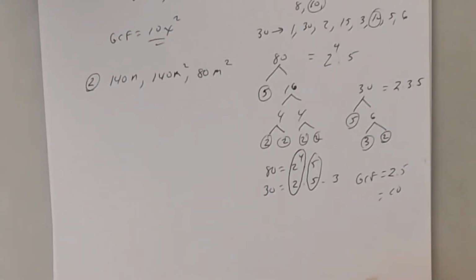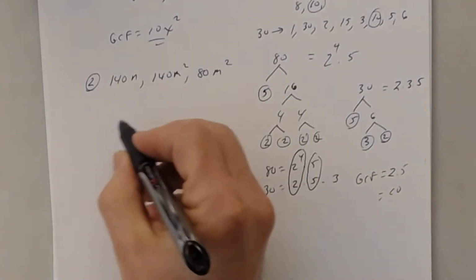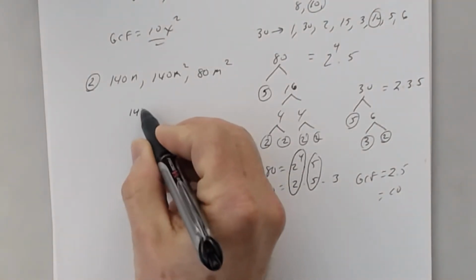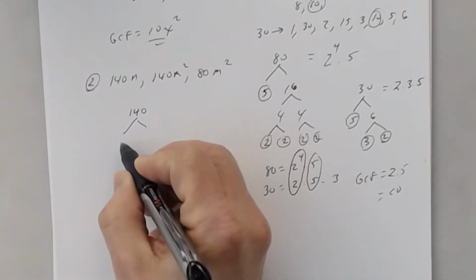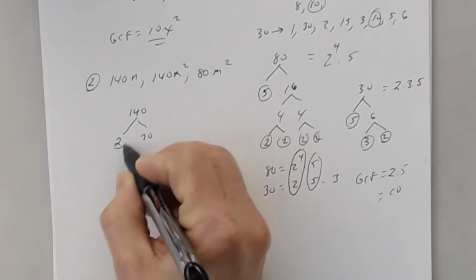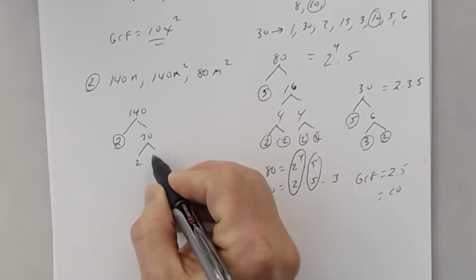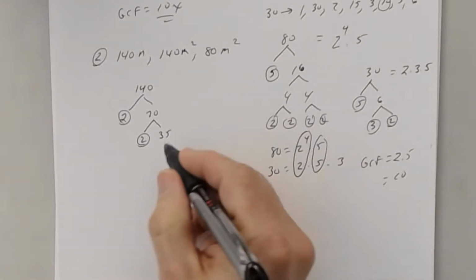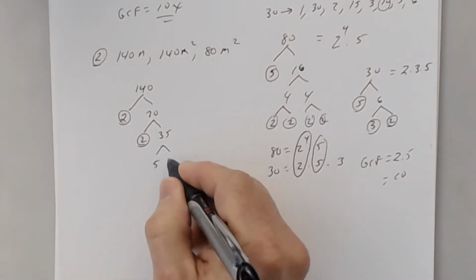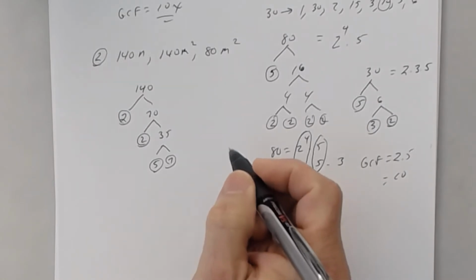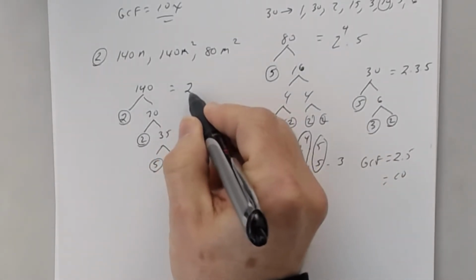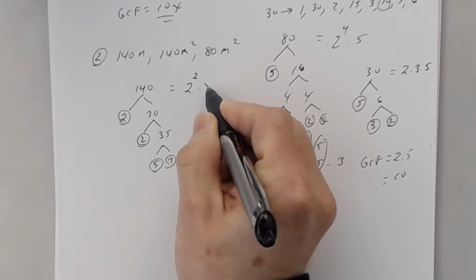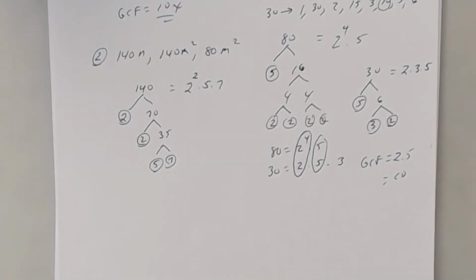So let's do the factor tree for 140. So 2 times 70. 2 is prime. 70, I can say 2 times what? 35. 2 is prime. And 35 is just 5 times 7. So I'm done with 140. So 140 is 2 to the second power times 5 times 7. So I wrote 140 as a product of prime numbers.